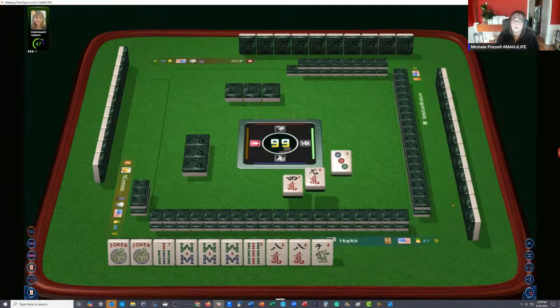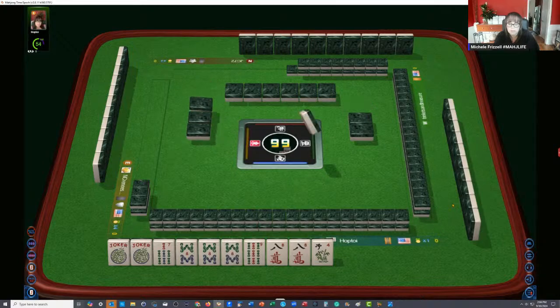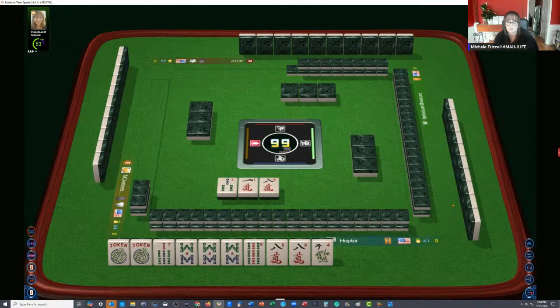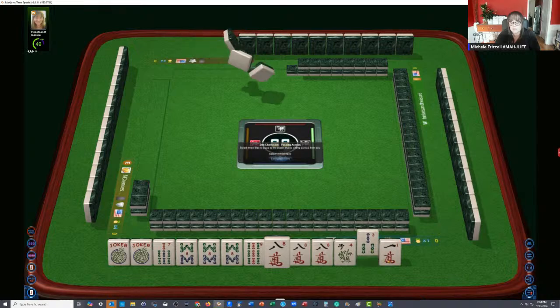Very rarely would I pass a flower. And now that we have a pung of 8s, I wouldn't play the 4th hand down with that because we'd have to discard one. Okay, so now we have an 8 crack in there.